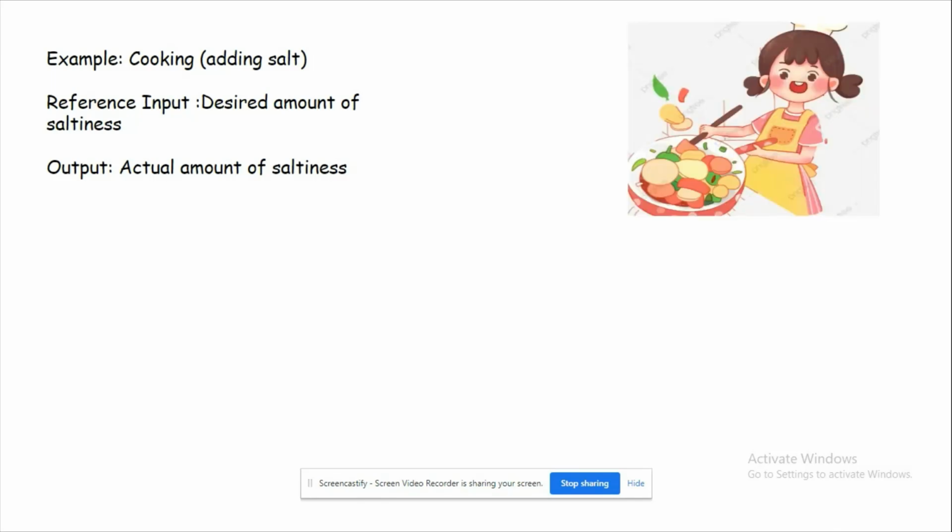Suppose a young girl tries cooking and adds some salt in the dish as per her wish. Here, the actual saltiness depends on her efficiency and skillfulness. It may go wrong or it may be right.